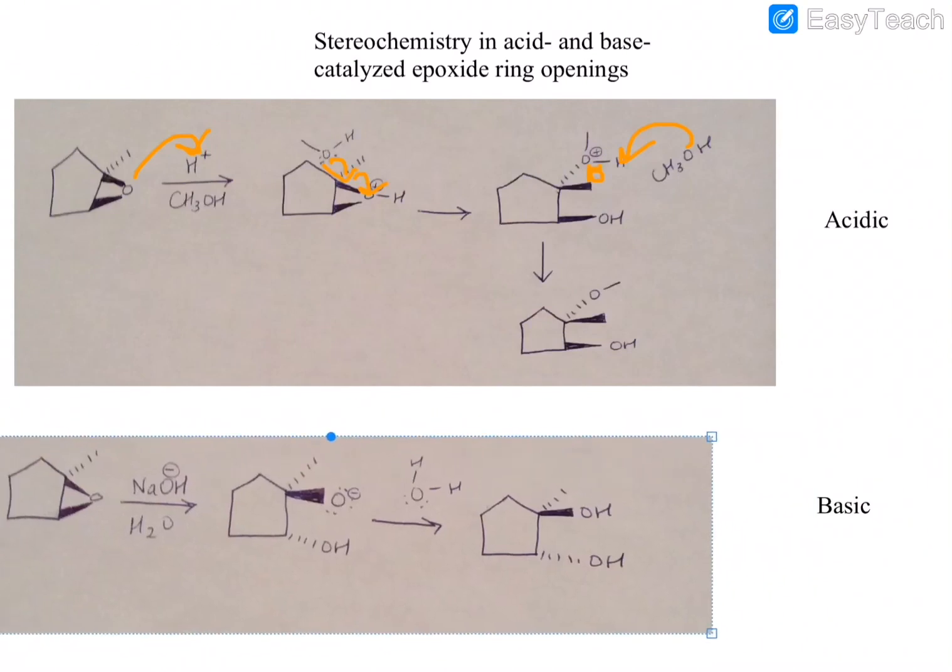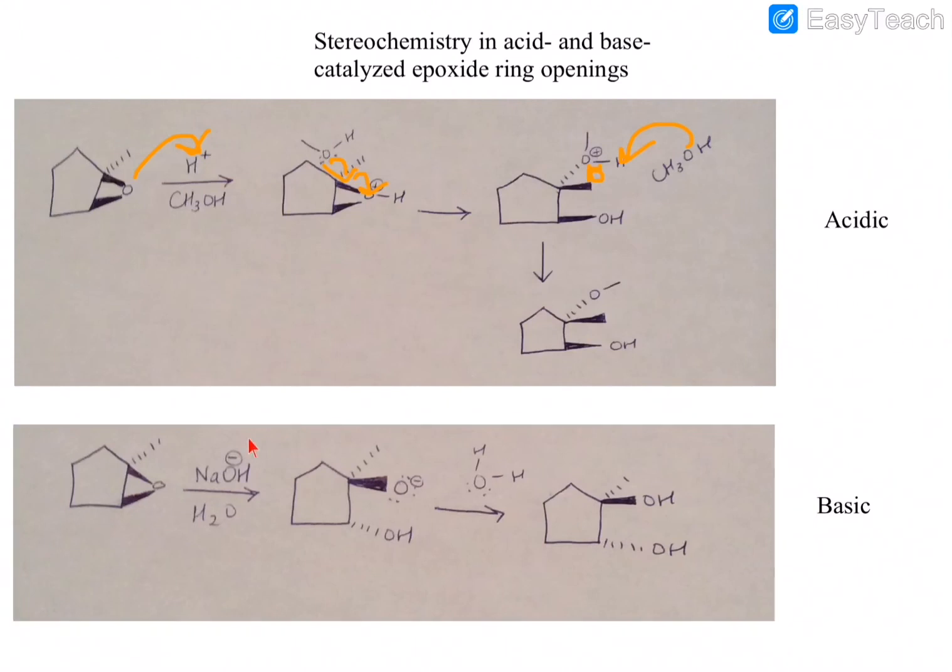The same molecule is treated with sodium hydroxide and water. The hydroxide attacks the least substituted side of the molecule and kicks off the oxygen. This leaves a negative charge, which can then be protonated by water.